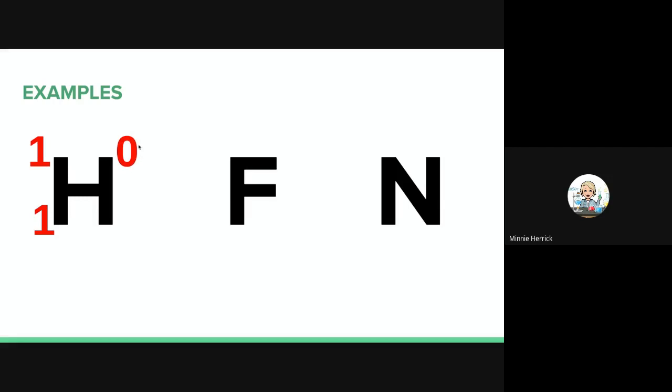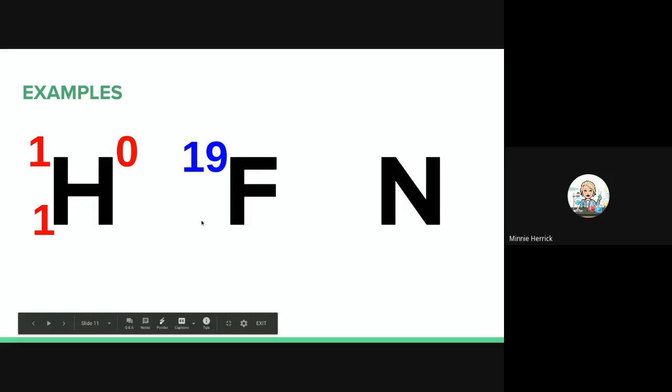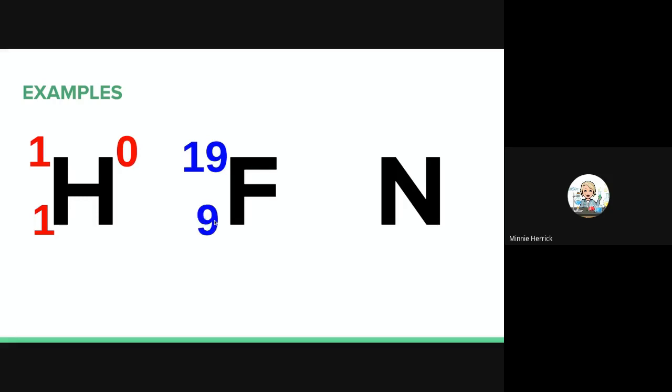It means you have equal electrons and protons, okay? We go to the next example, fluorine, with 19 on top and 9 on the bottom, and it also has no charge. We're going to put a 0 there for no charge. This means these guys are neutral. The next one is nitrogen, 14 on top, 7 on the bottom, and it also is 0.